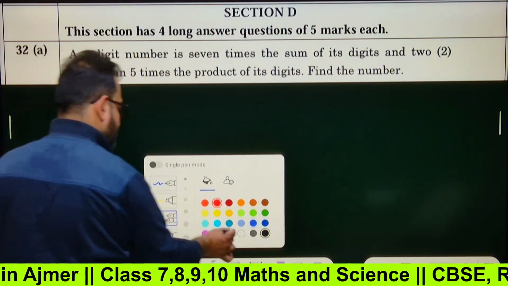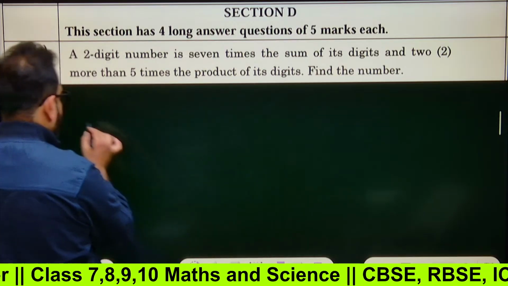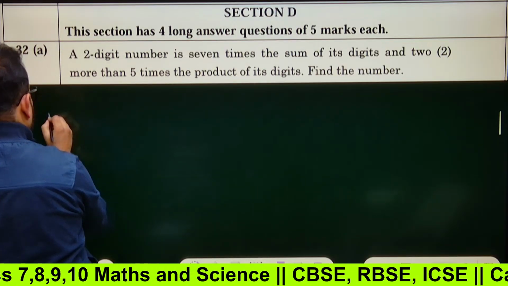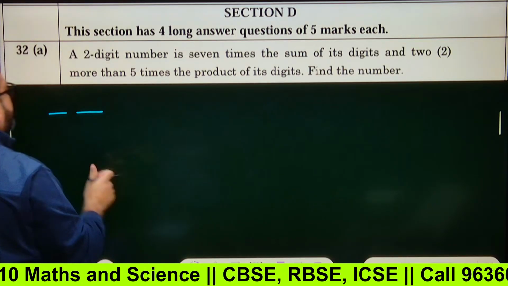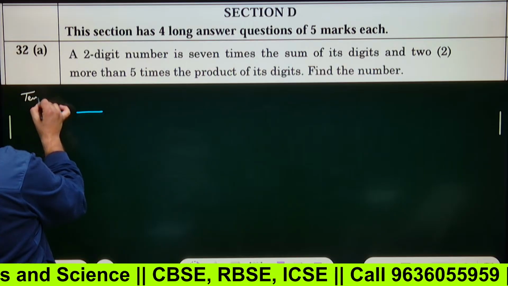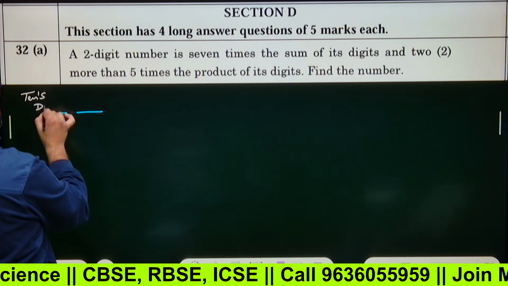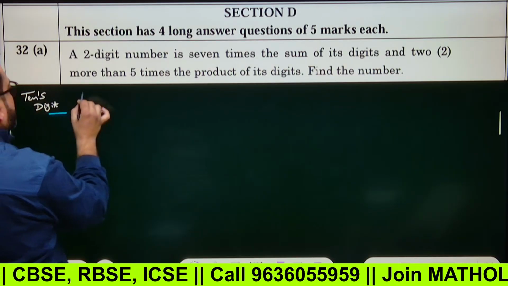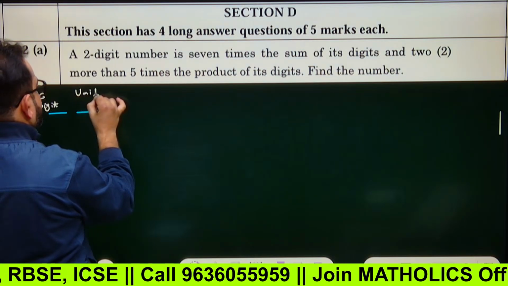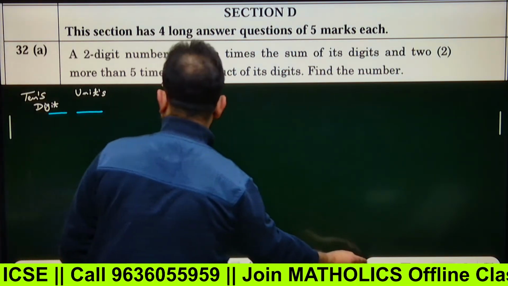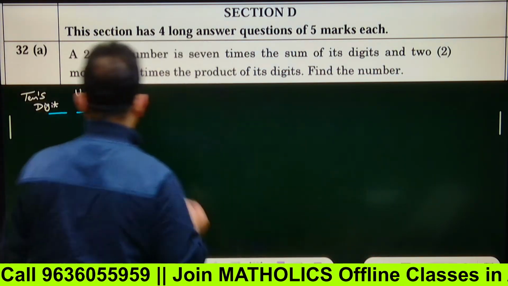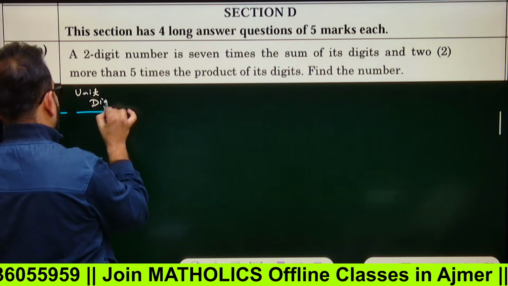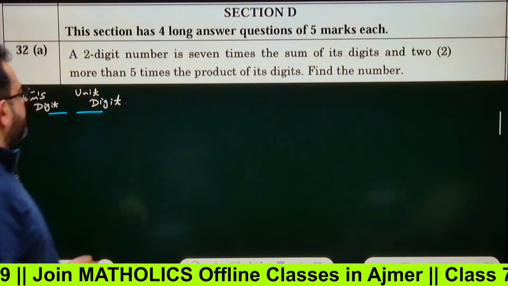There is a two-digit number like this. This one is the tens digit, and this one is the unit digit. This is the number.